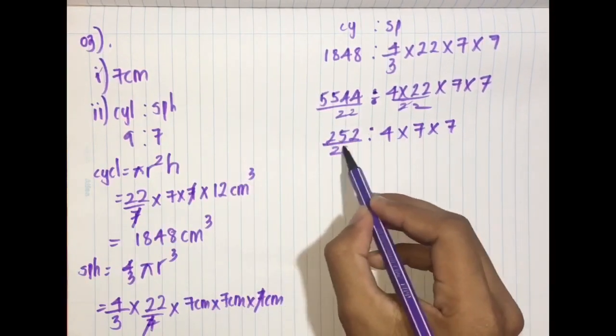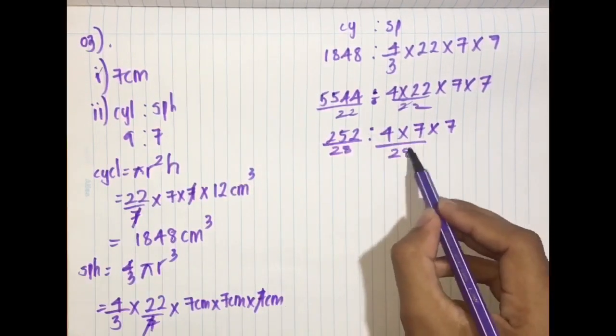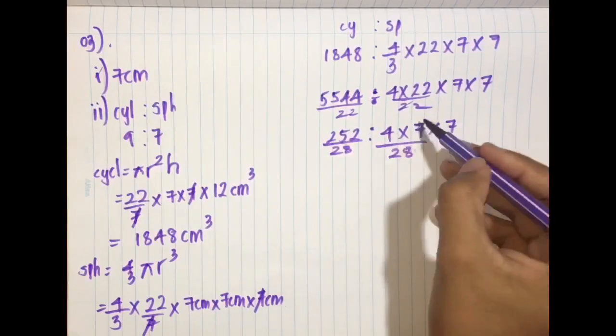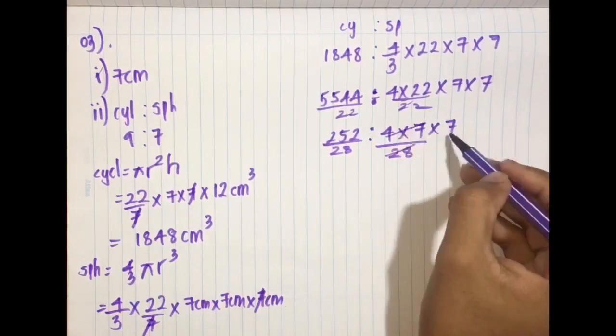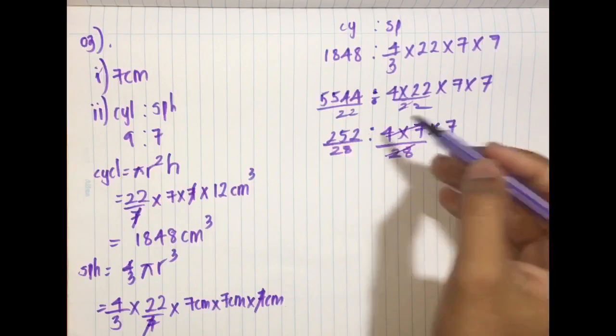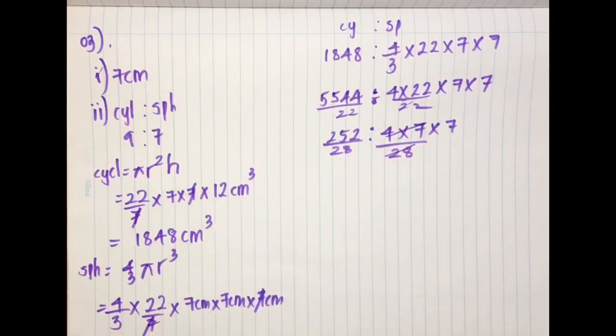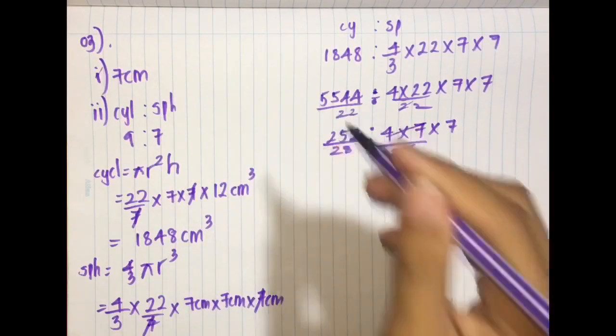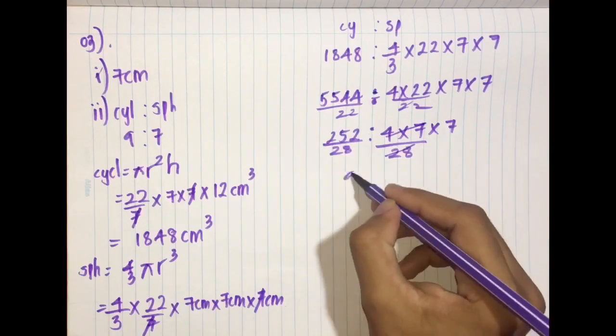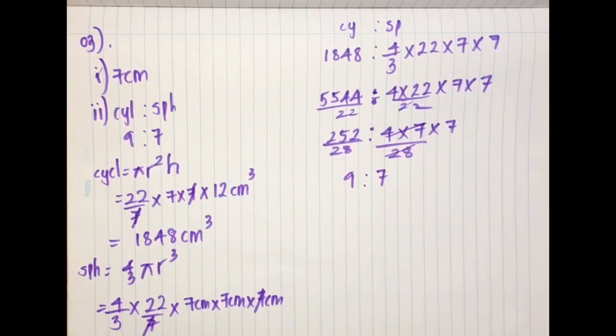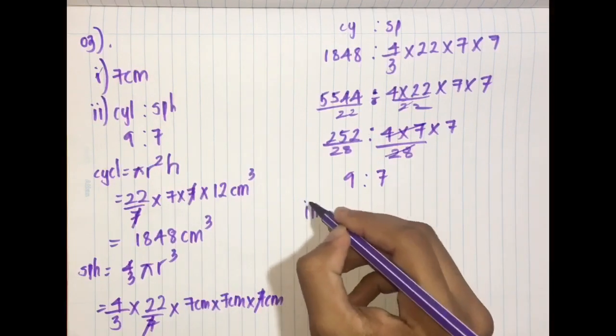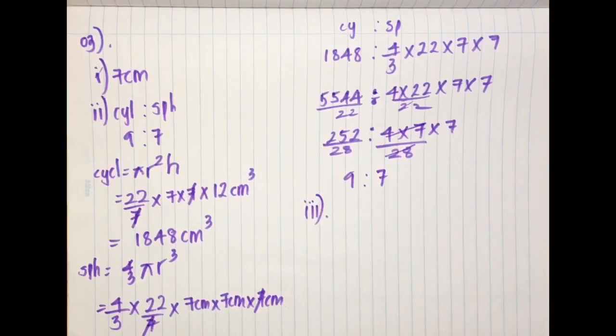So you divide this side also by 28, this side also by 28. That will cancel off this and this. What is remaining? Only 7, and on this side, let us check whether you are getting 9. Yes, if you divide 252 by 28, definitely you get this value. Am I clear with that part? Yes. So let us move on to the third part.